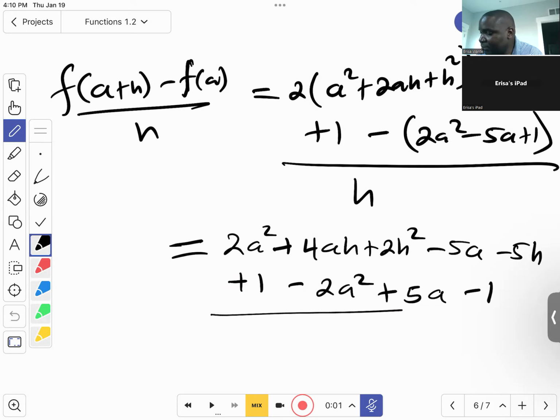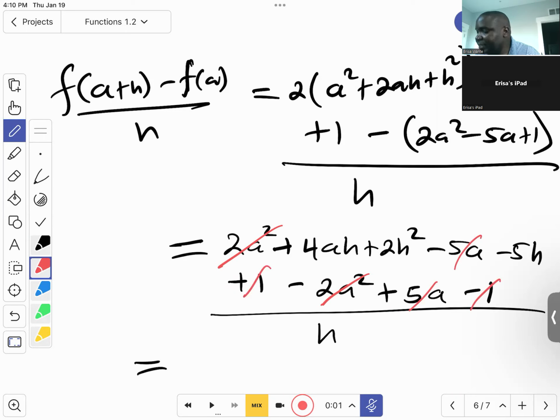So we will do some cancellations. And what do we get? The 2a squared cancels out, we cross that out. The 2h squared is staying, but I have a 5a going, and this goes. So what I get is 4ah plus 2h squared minus 5h. And then I divide this by h.